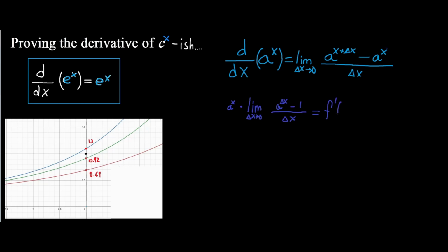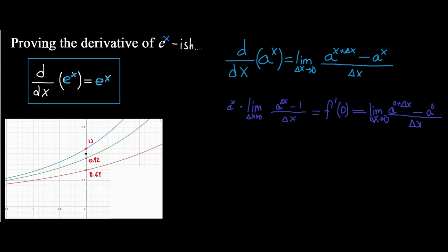The reason is that if you have x equal to 0, then the limit as delta x approaches 0 of a to the 0 plus delta x minus a to the 0, over delta x.